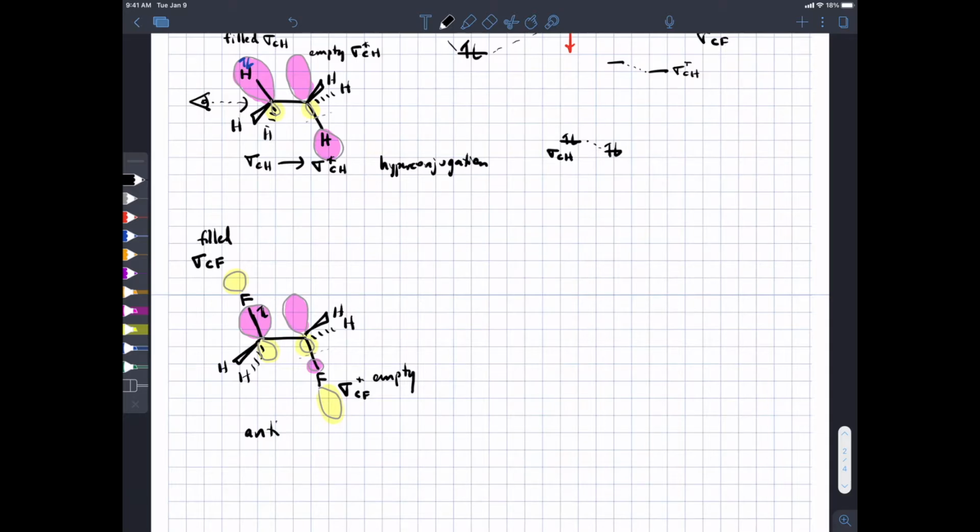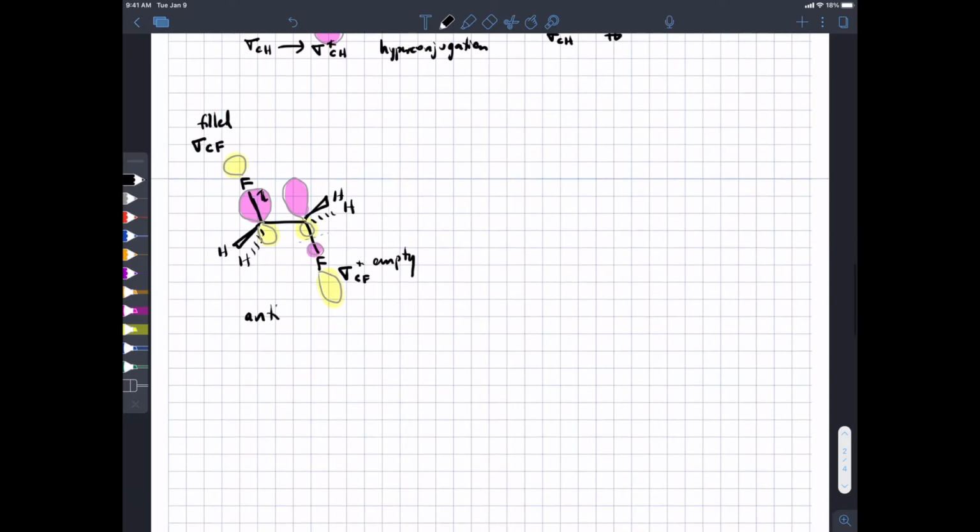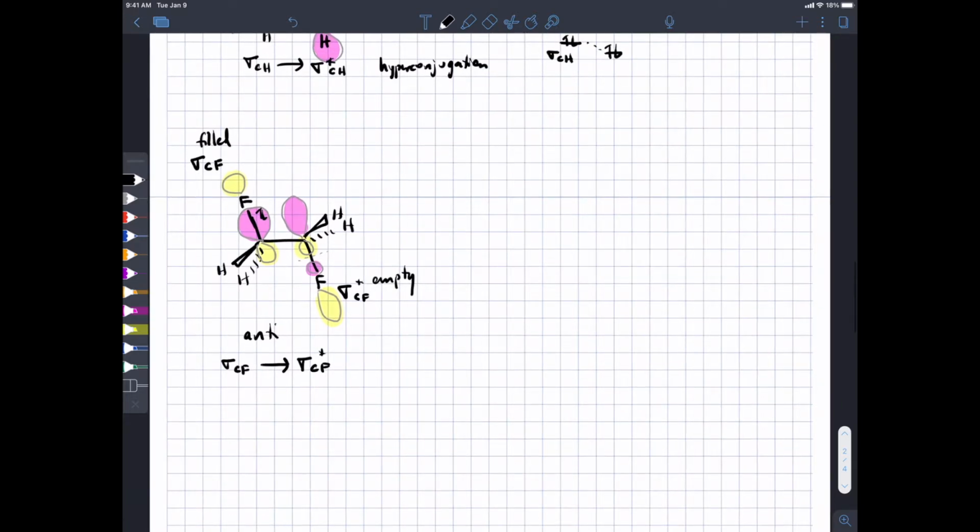And you could still get donation of electron density from the carbon-fluorine sigma to the carbon-fluorine sigma star. But let's consider an alternative. What if we keep everything the same, only we rotate around the bond between carbons 1 and 2, such that instead of having a fluoro anti to the other fluoro, we now have a hydrogen.